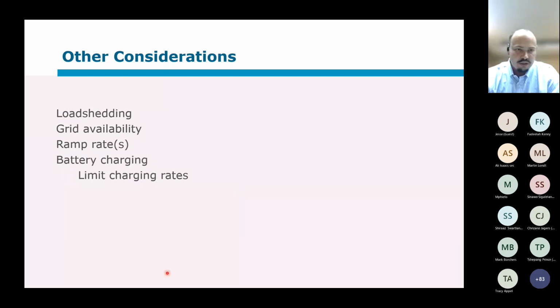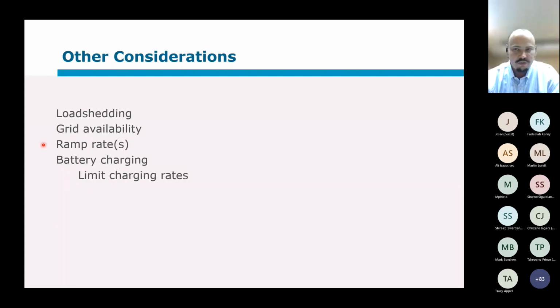Other considerations, I think that's from an operational point of view. Load shedding, can you exclude them from load shedding because they actually assist the network? What's the grid availability? PPAs typically have penalty clauses in there, and you pay the generator for energy that it can't sell because your network's not available.